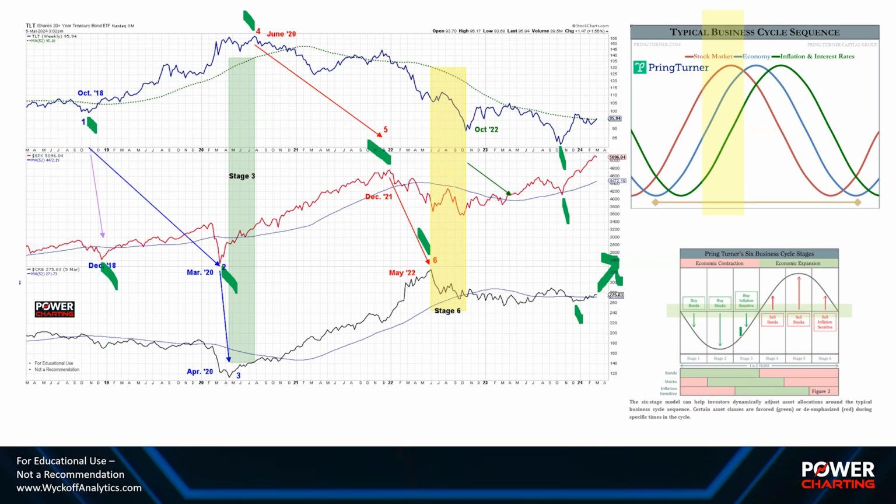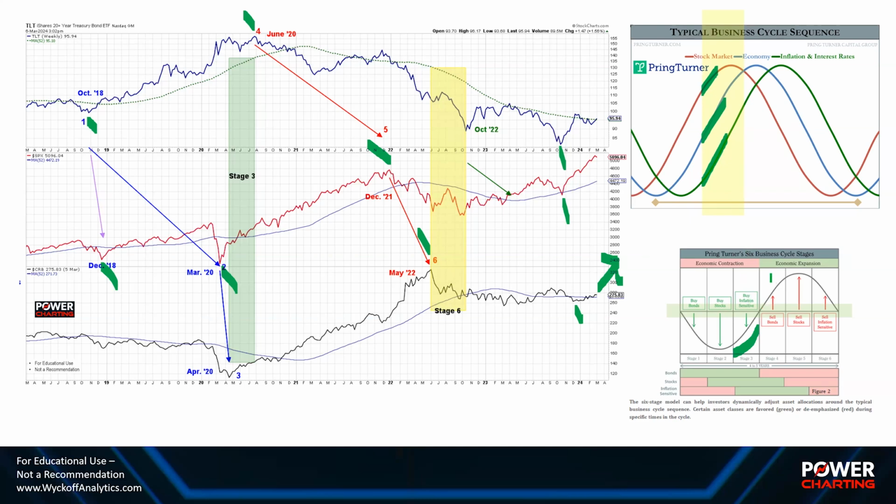And this puts us in effectively stage 3 of the business cycle, which is right here. And stage 3 is when you have stocks here in red. Now, this is the economy here, and then you have inflation here. But this is the time when you have bonds rallying, stocks rallying, and inflation rallying.